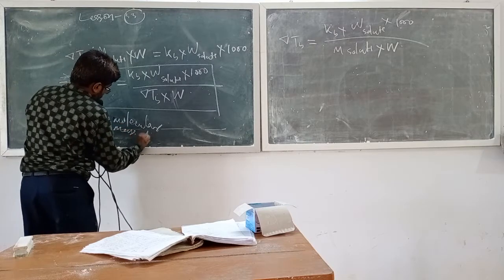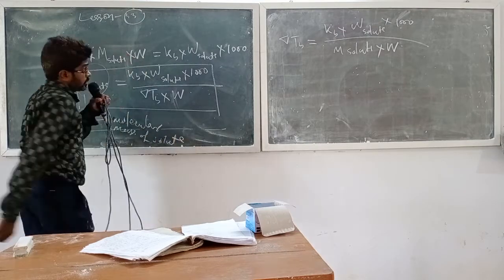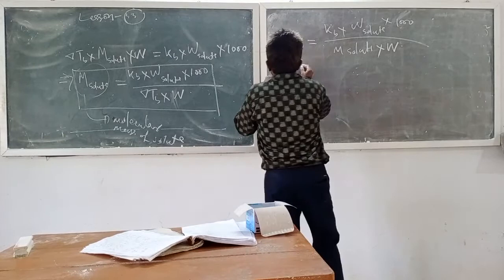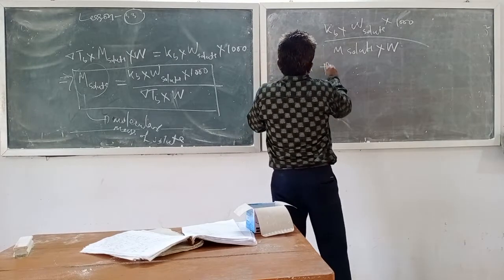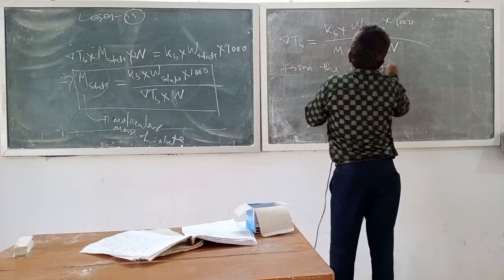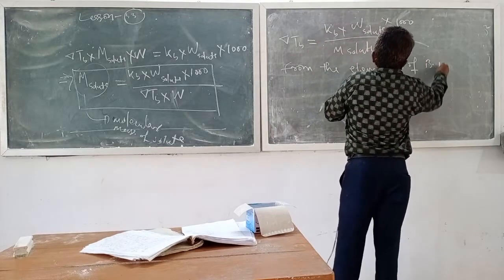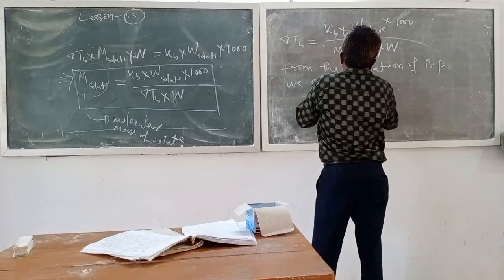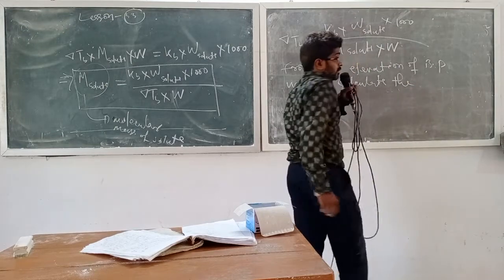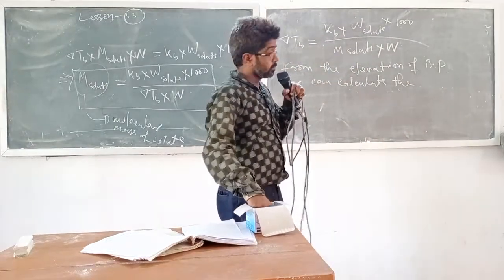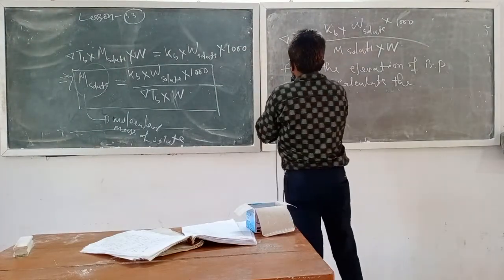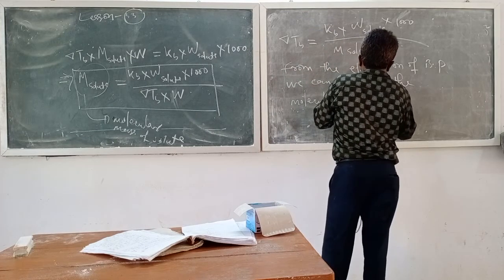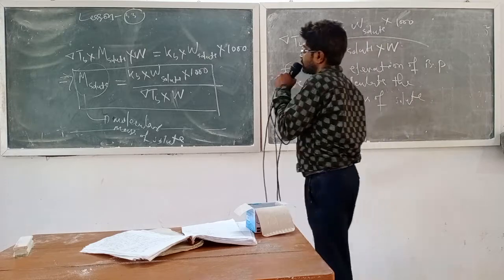So from the colligative property, from the elevation of boiling point, we can calculate the molecular mass of the solute.